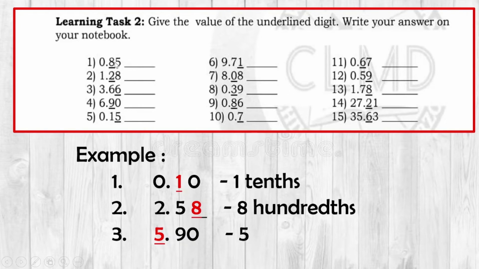Dadagdagan nyo lamang po ng tenths or hundredths ang mga naka-underline. Okay? Dito, say for example, number 1, 0.85. So, yung 8 ay nasa tenths. So, the answer is 8 tenths. Okay? So these are the examples.